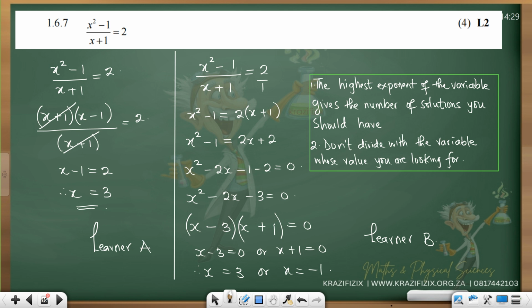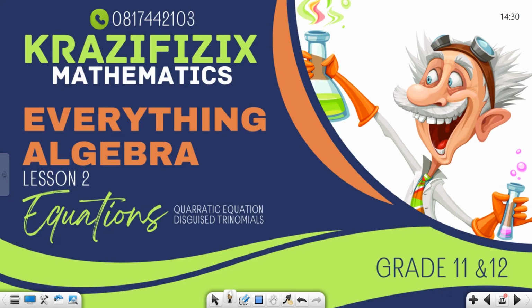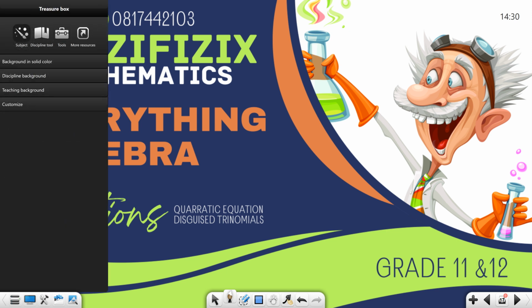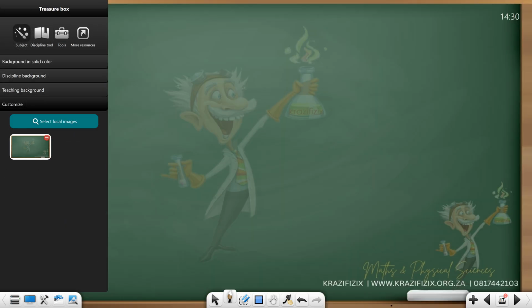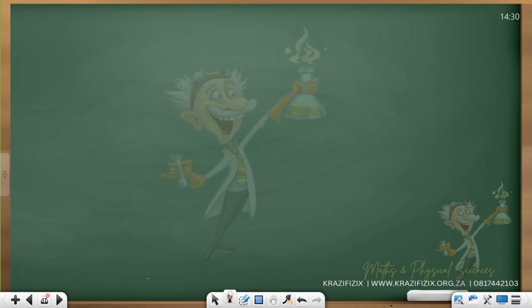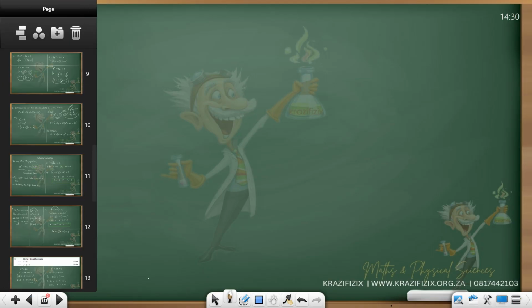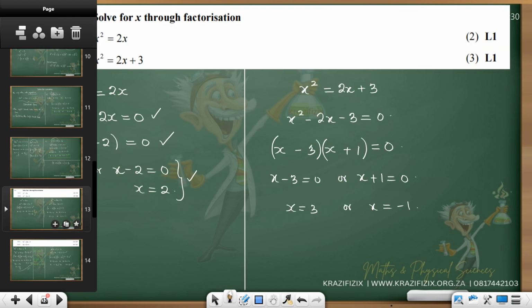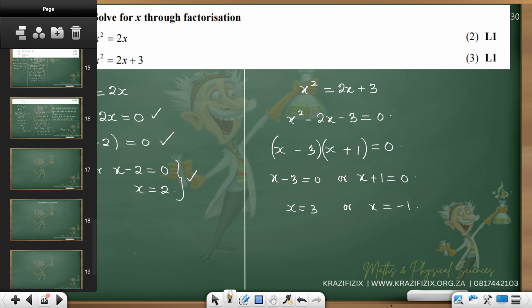All right, let's go back to question 1. Something similar. It's also going to apply here. Look at question 1. x squared equals 2x.